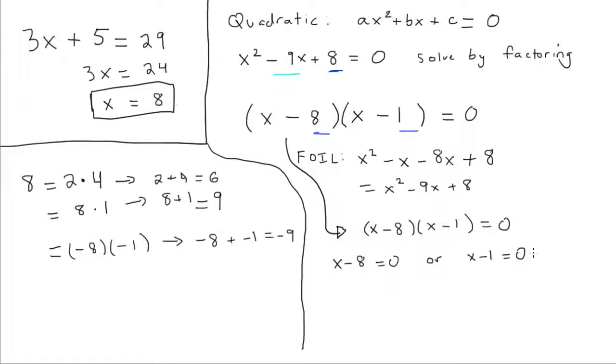Now each of these equations that we have, these are both linear. So we can solve them the exact same way that we solved this example over here. Just in this case, move the numbers to the other side. So x equals 8, or in the other case, x equals 1.